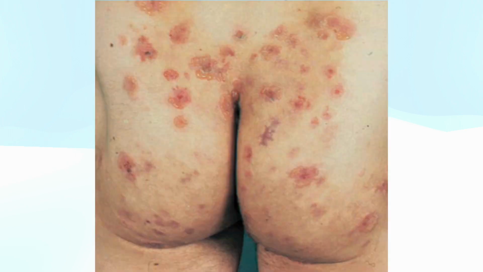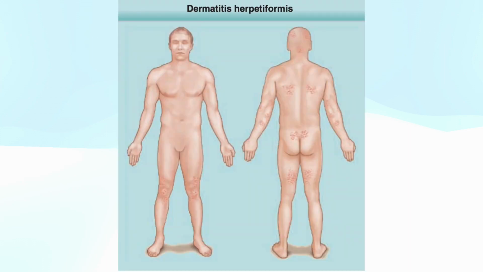Now this one. What you can see. Here we go. This one. Once more you see. Take a good look. Or you guys want to see once more? Yeah. I hope you guys got it. This is nothing other than dermatitis herpetiformis. This is the area of distribution of dermatitis herpetiformis.